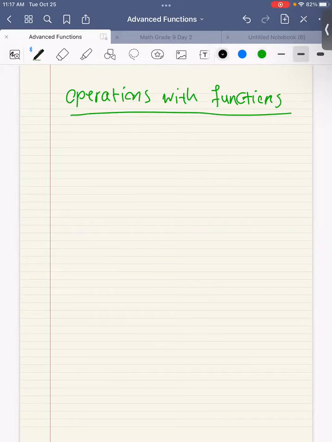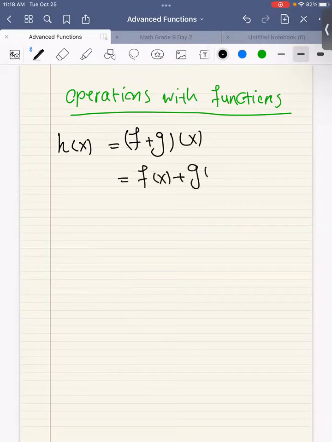So suppose that we have two functions, f and g. We want to construct a new function. I call it h. So I define it to be f plus g. And f plus g of x is defined to be just f of x plus g of x.